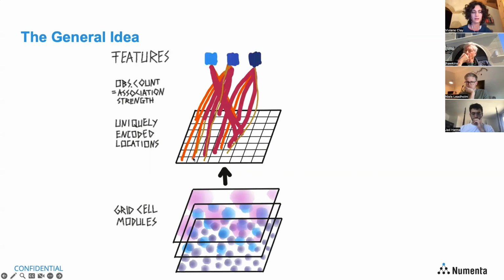And then when we move in the world, we learn associations between these uniquely encoded locations and observed features. Depending on how often we saw these features at these locations, we have different strengths of associations.